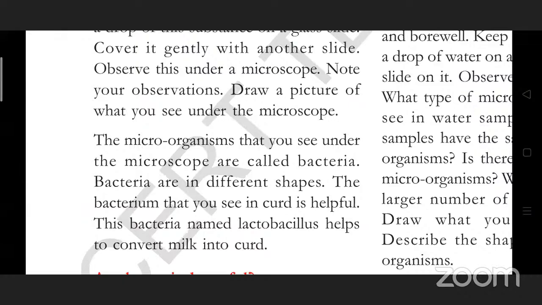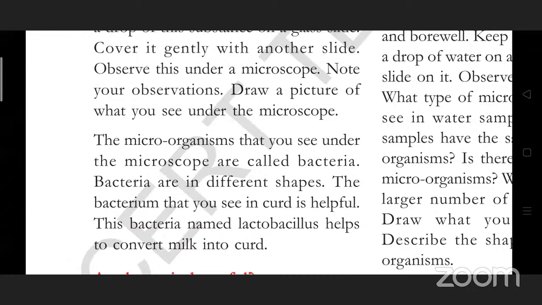Children, nowadays everyone is suffering and discussing corona. Is corona a bacteria or a virus? It is a virus, not bacteria. A virus is too small to see with the naked eye.